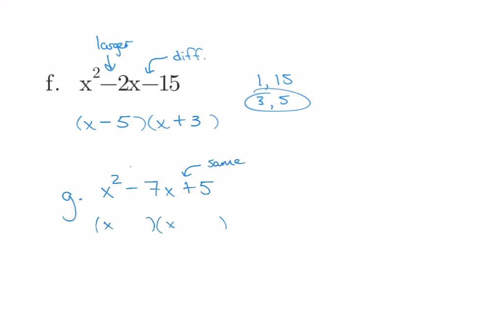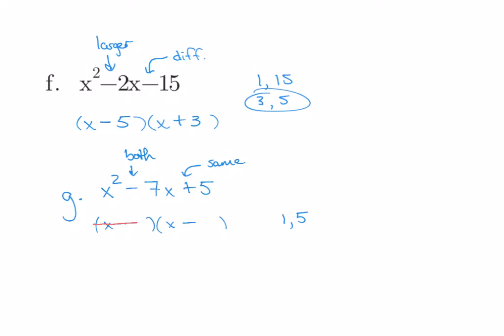We have same signs. Both are negative. And now what multiplies to 5? Well, the only things that multiply to 5 are 1 and 5. And does that combine to 7? No, there is nothing out there that multiplies to 5 and combines to 7.